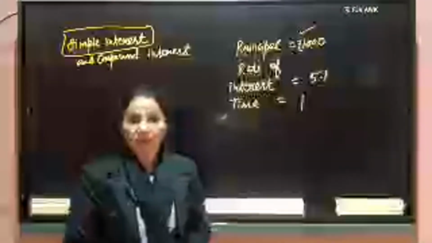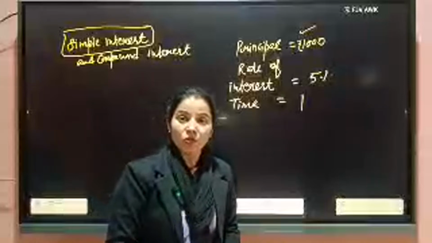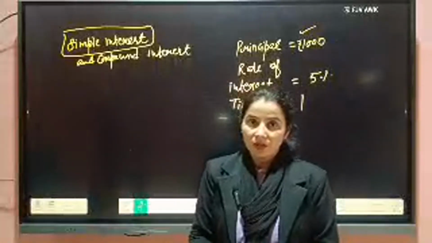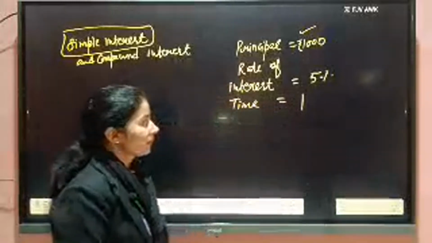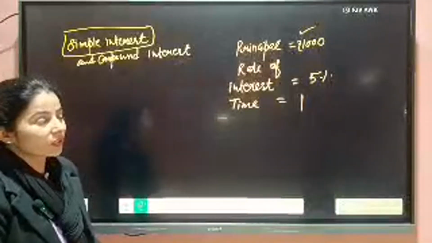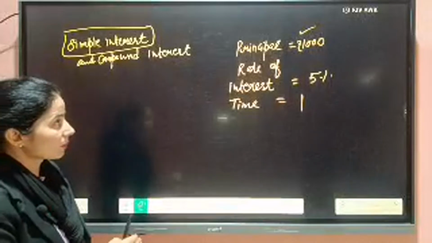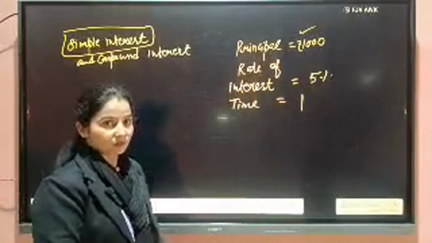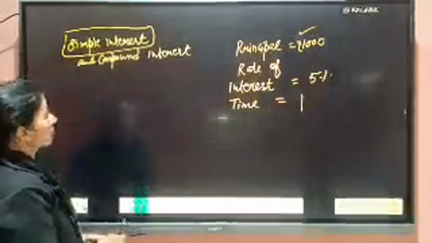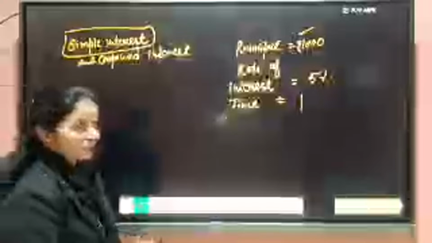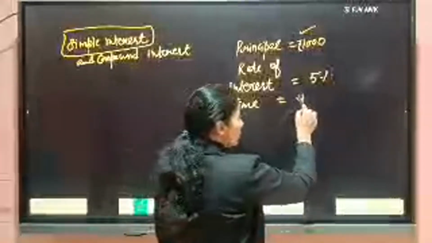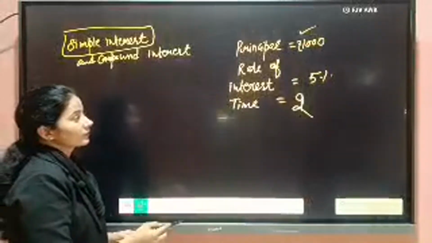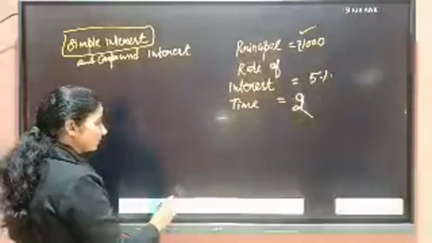And the amount will be calculated as principal plus interest. After 1 year, what additional money you get with your principal, that is interest. And for simple interest, suppose you have deposited for 2 years or 3 years, let us calculate it.